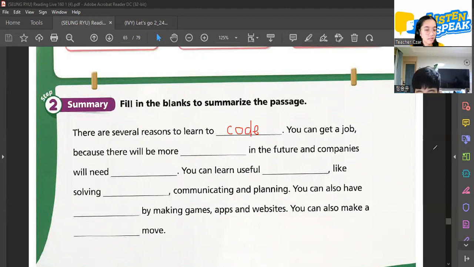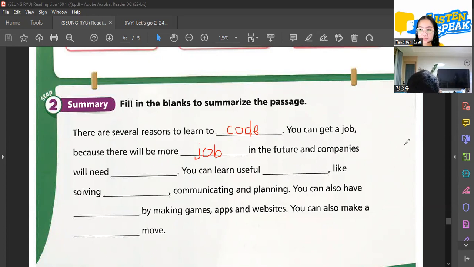You can get a job because there will be more blank in the future. The word starts with J. Job. Okay, it's job. Next.